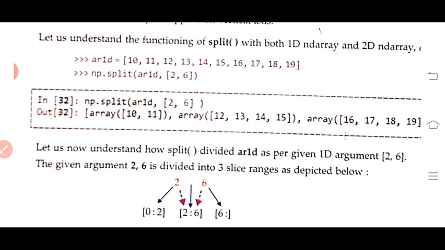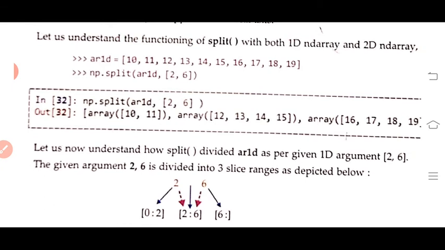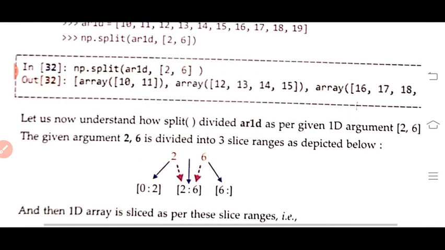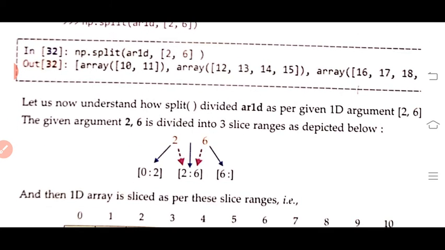These are the elements of AR1D. np.split(AR1D, [2, 6]). In the input line also, in Jupyter Notebook, it is written: np.split(AR1D, [2, 6]).